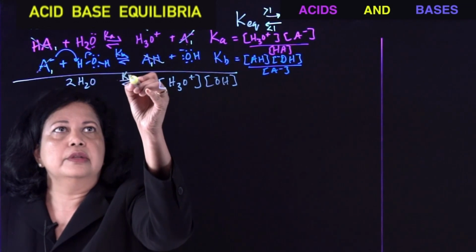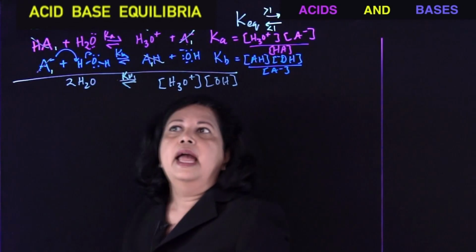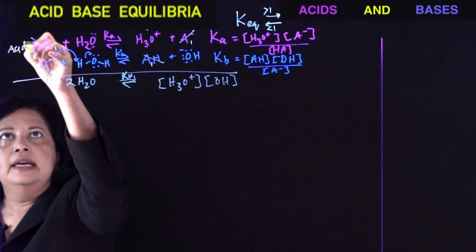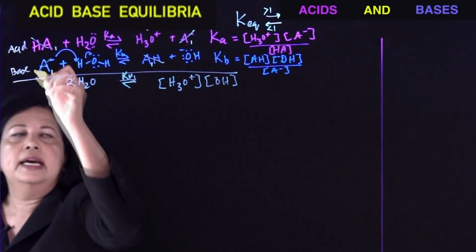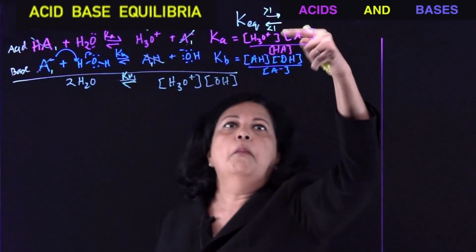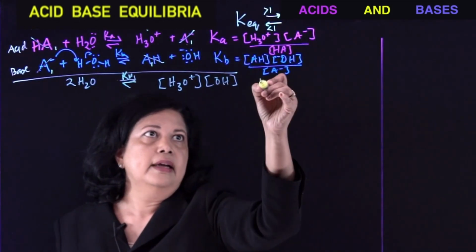That's the dissociation of water, or ionization of water. And when you add two equilibria, this is acid and this is base hydrolysis, when you add the equilibria, then you have to multiply the K's.